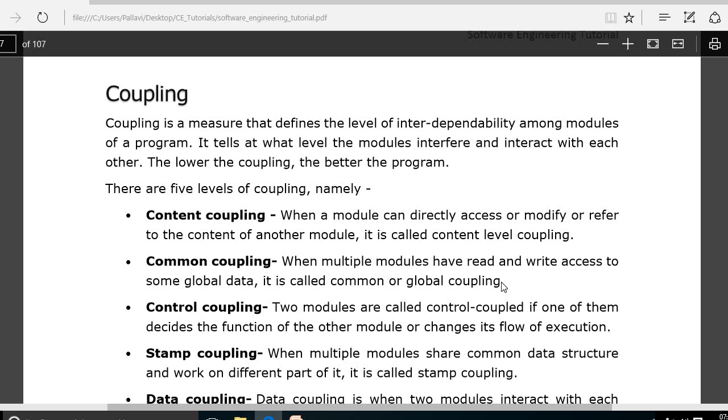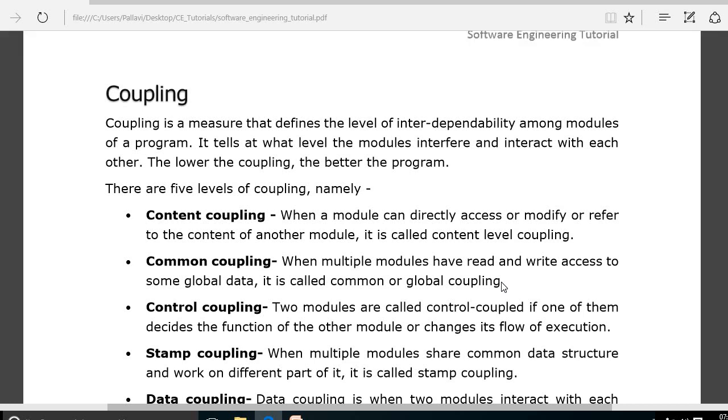Now, if we see coupling. Coupling is a measure that defines the level of interdependability among modules of a program. The coupling between two modules indicates the degree of interdependence between them.